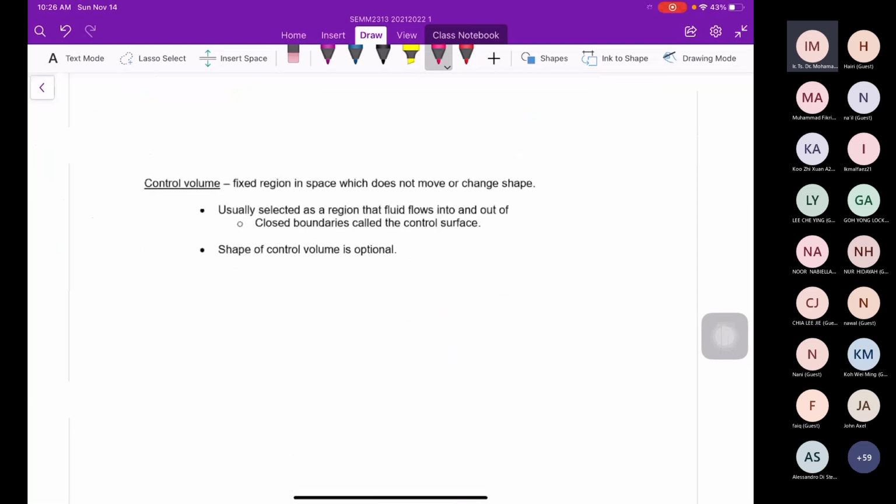Control volume, on the other hand, is a fixed region in space which doesn't move or change shape. It is usually selected as a region that fluid flows into and out of.